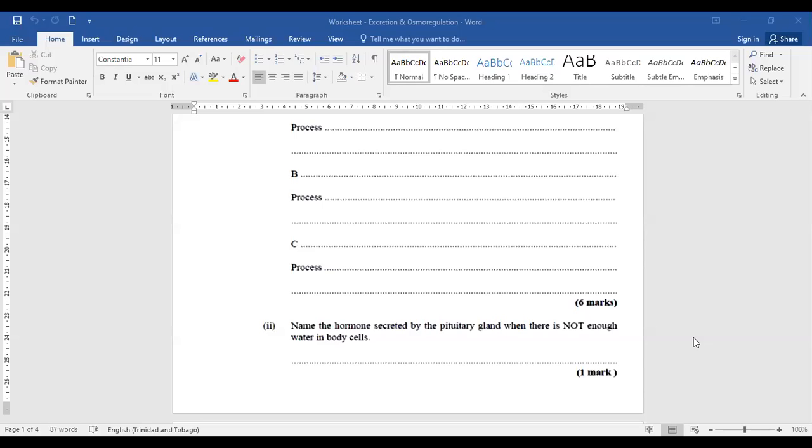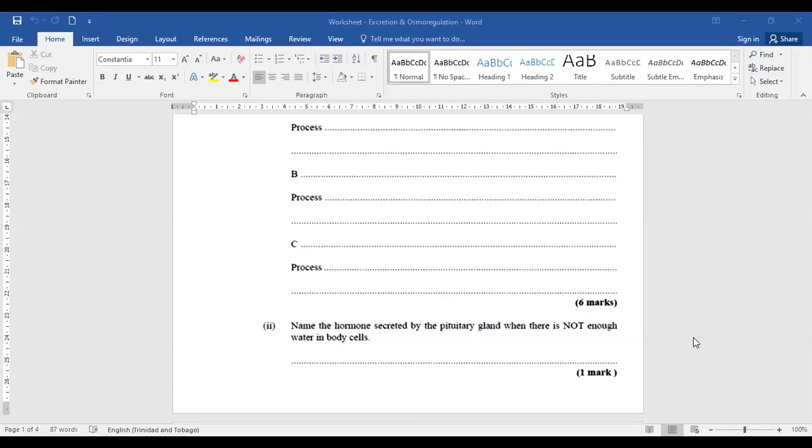anti-diuretic hormone. So when there is not enough water in body cells and your hypothalamus senses this, it will stimulate your pituitary gland to produce this ADH, and this ADH will be directly secreted into the bloodstream, and it goes directly to the kidneys. What this chemical does is it tells the kidneys to reabsorb all of the water from the nephron.